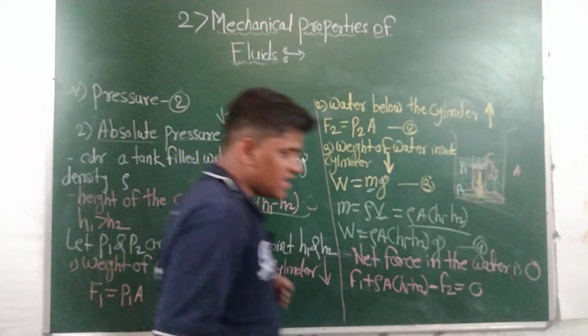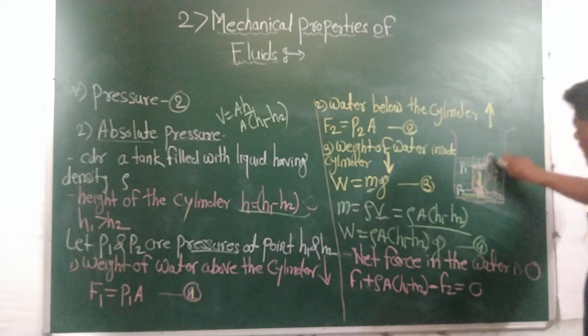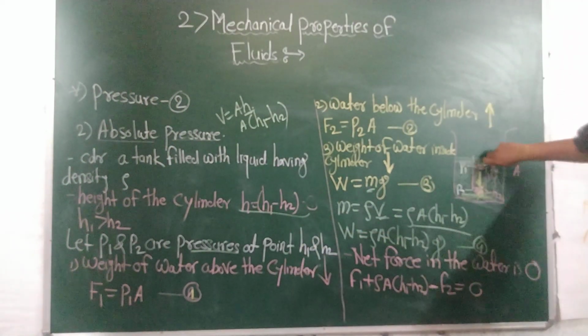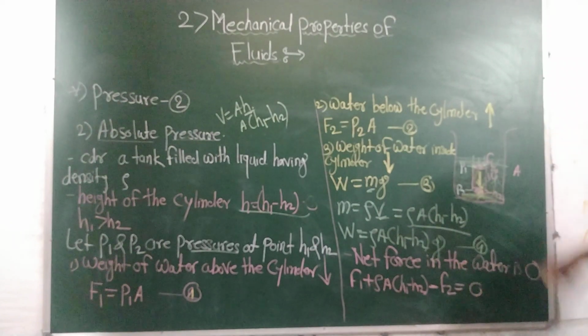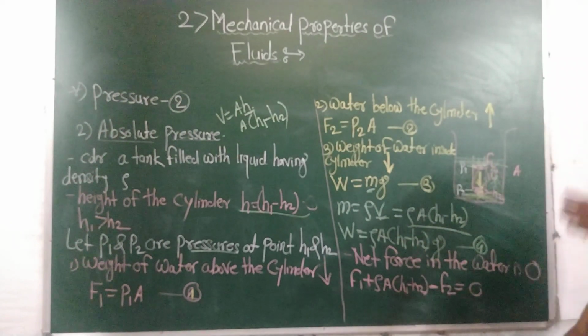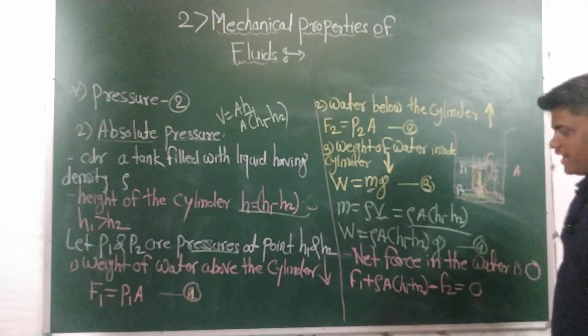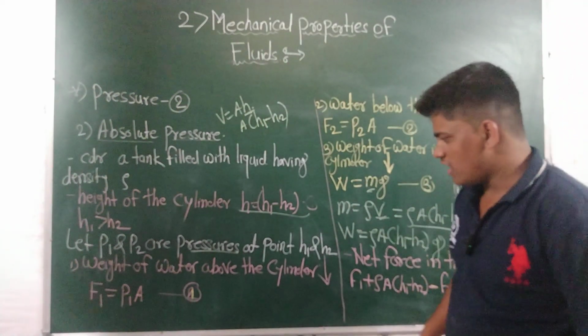Then the forces acting on that liquid column: the first is the force of the liquid above the cylinder, exerted on the column in the downward direction, so use an arrow here.